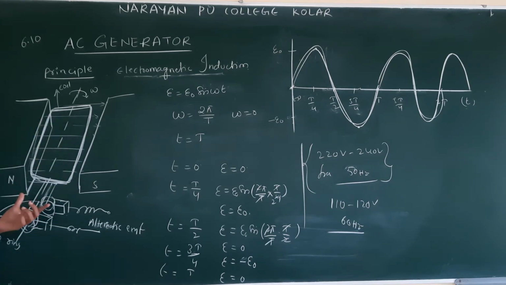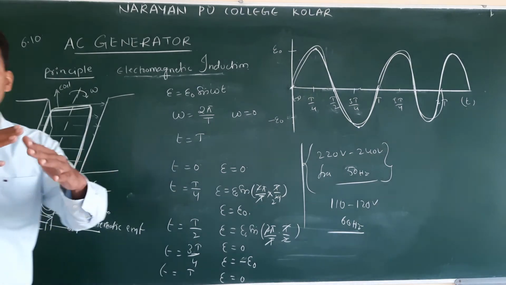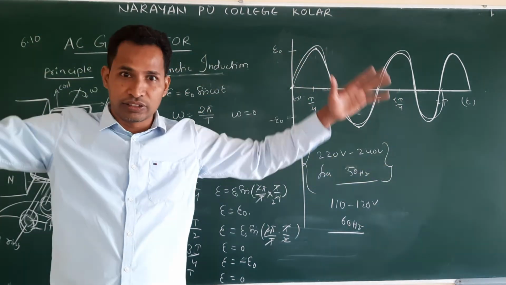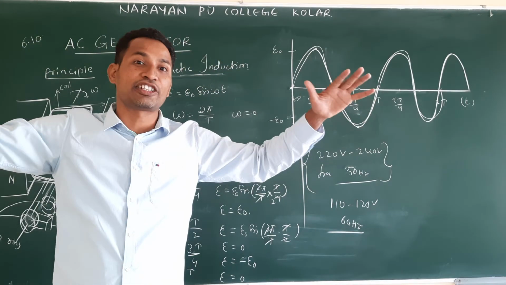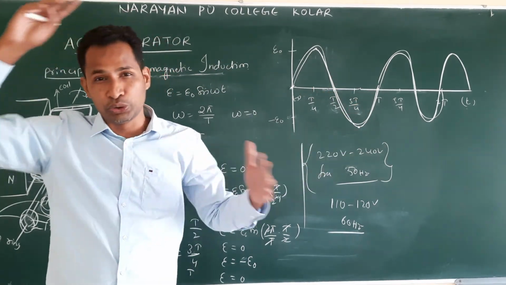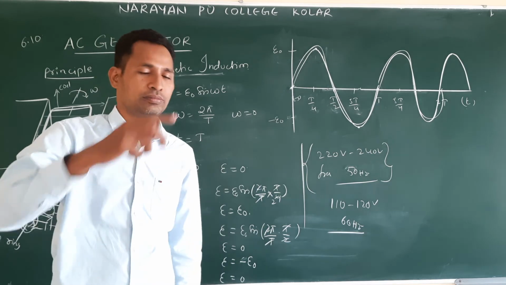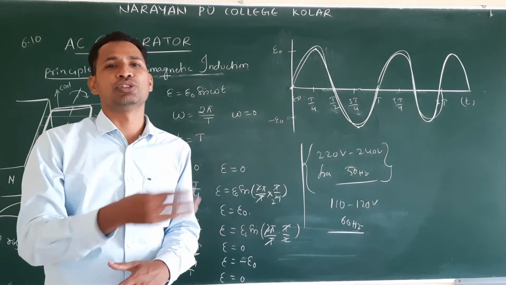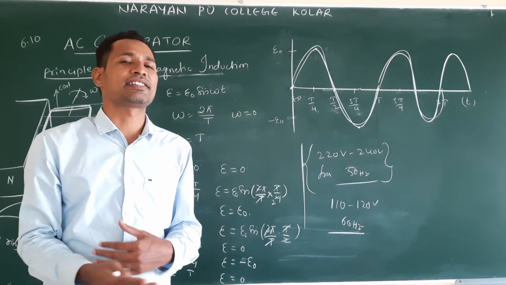Once the turbine rotates, the coil rotates. On the board it looks very small. In practice, each generator looks like our classroom. That much huge generators were there. To rotate that huge material, we need huge energy. That's why they use hydro plants and thermal plants.